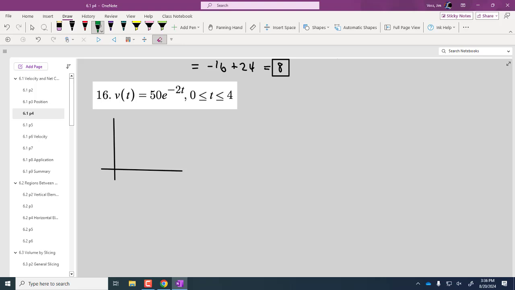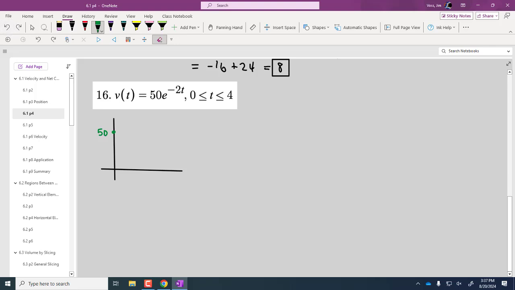If we plug in t equals 0, we end up with an exponent of 0. e to the 0 is 1. 1 times 50 is 50. So we're up here at 50. If we plug in a 4, and we know it's a slide, like one of those white water slides at Waterworld, going down. So it's going down like that.